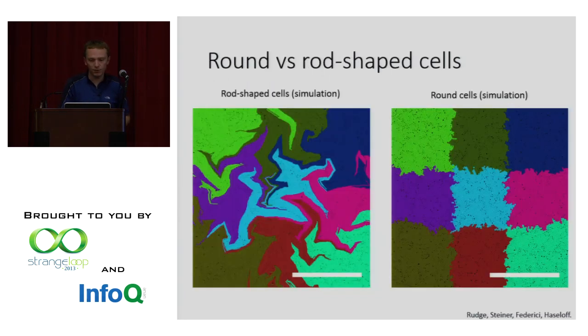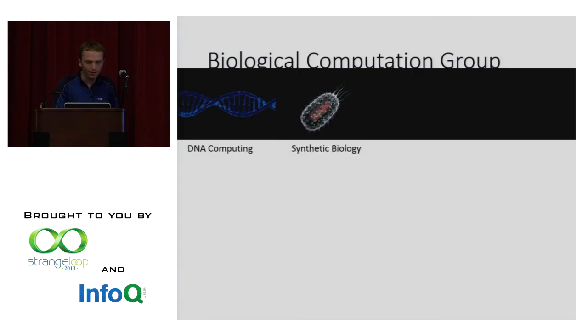One of these is to predict how much of the interaction between cells is caused by their physical shape. Here we've compared rod-shaped cells, so elongated cells, with just round cells. We've stained the different colonies, the original cells that made up these parts, and then grown them on the computer. Purely from the physics of the situation, there has been penetration into these different areas. So I think that's just about it.